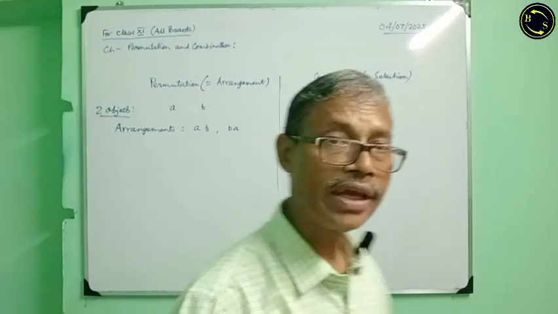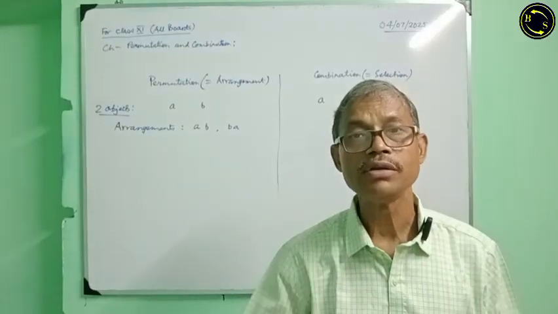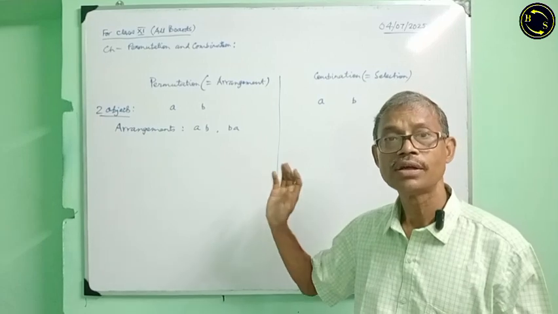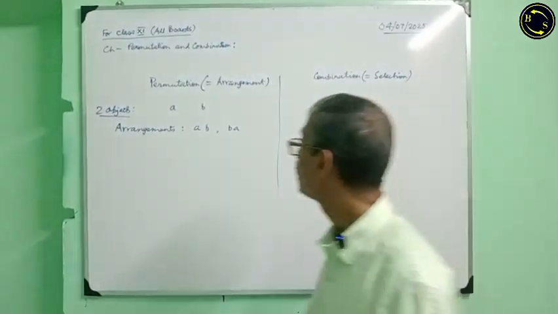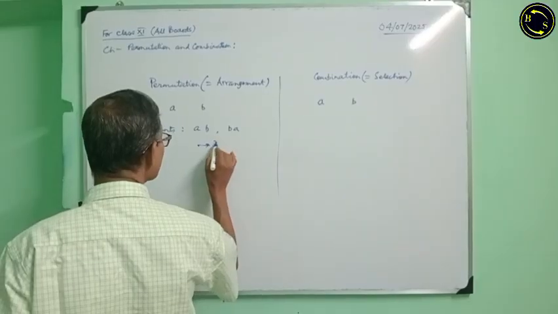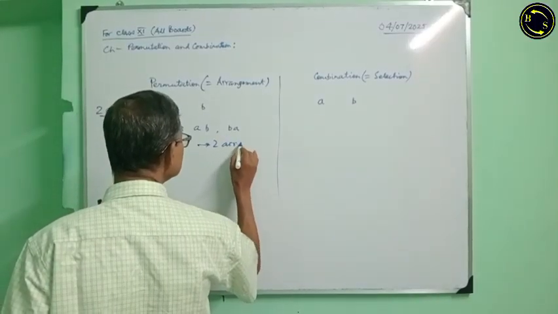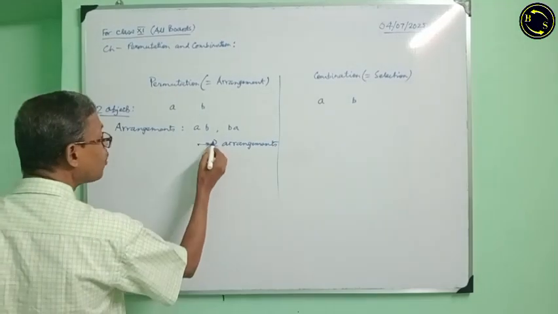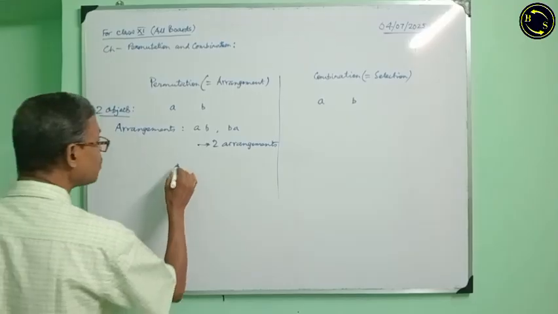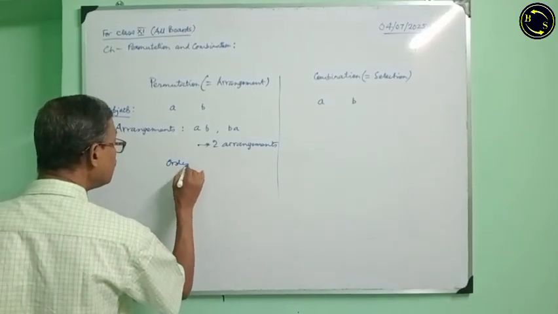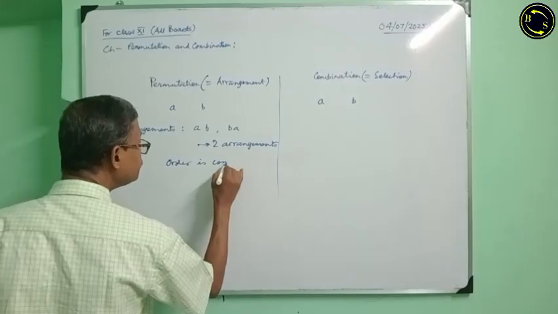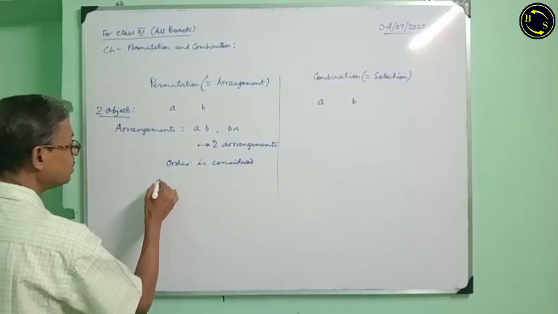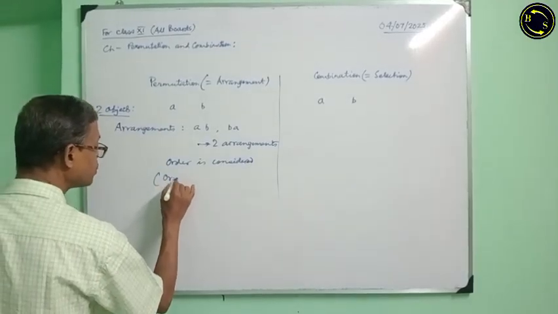If I write A first, then B, we get one arrangement. If I write B first, then A, we get the other arrangement. That means we are getting two arrangements. It is clear that order is considered, order matters.